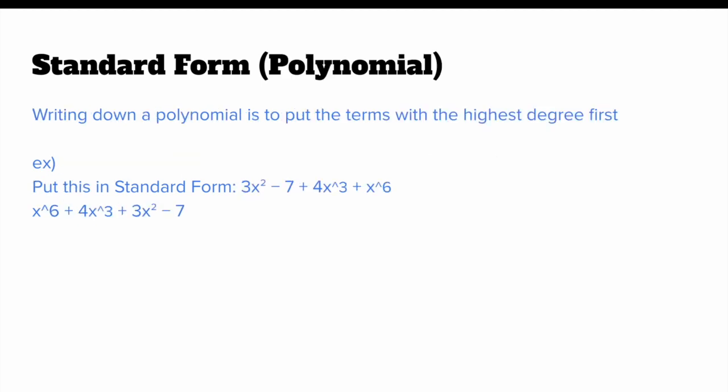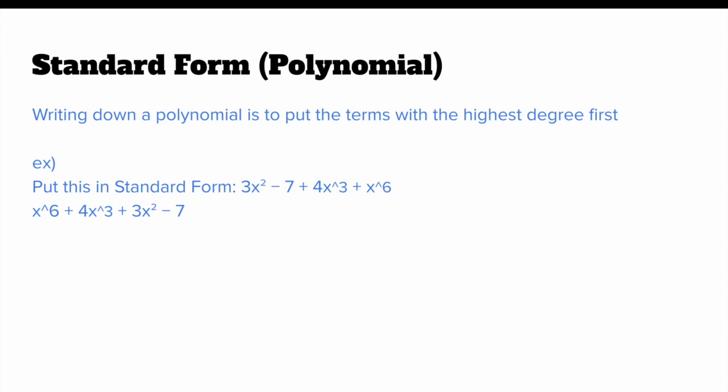Now let's look at the standard form of a polynomial. The standard form for writing down a polynomial is to put the terms with the highest degree first, like x to the power of 2. For example, when we say 3x to the power of 2 minus 7 plus 4x to the power of 3 plus x to the power of 6, the highest degree is 6, so it goes first.